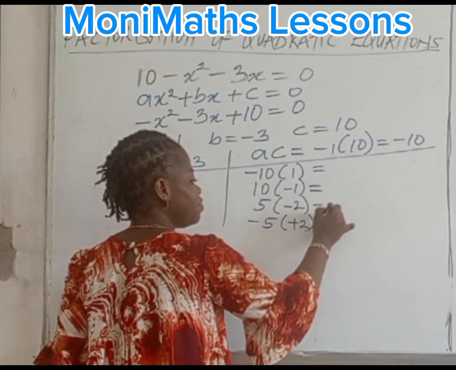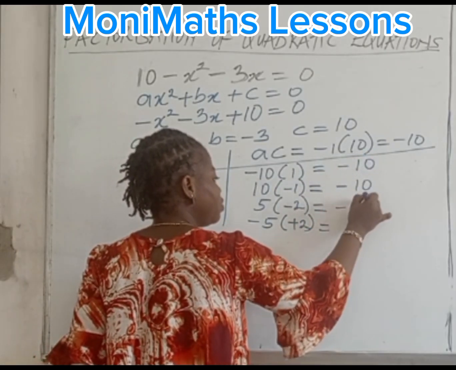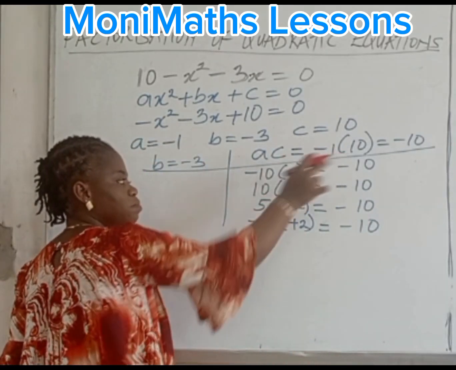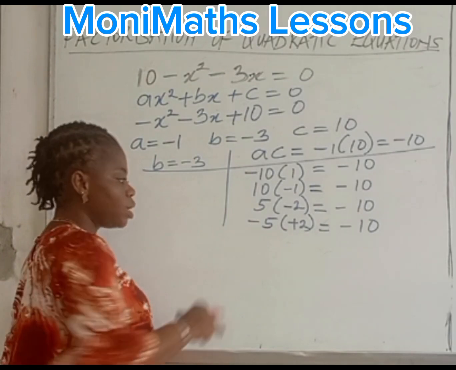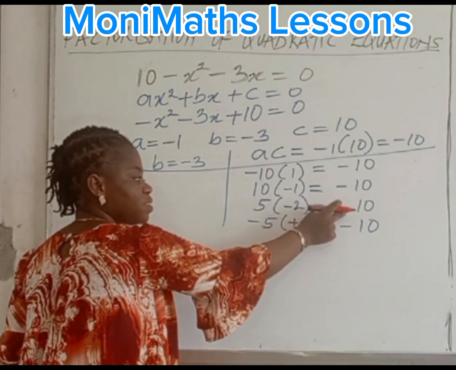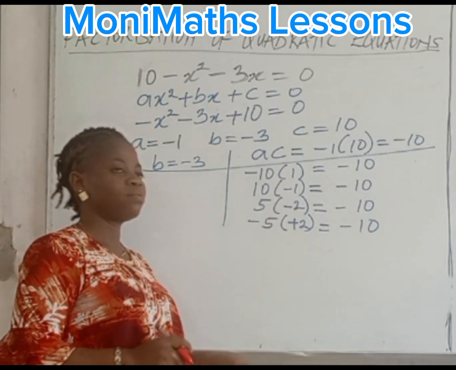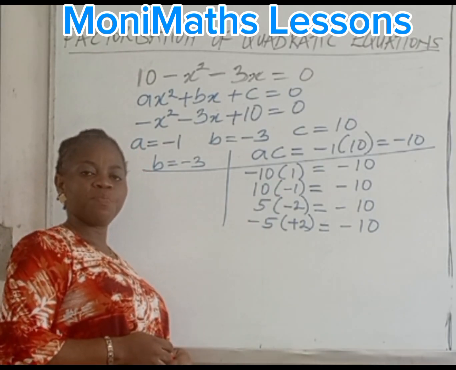All of these will give me a product of minus 10, because minus times plus is minus, 10 times 1 is 10, rather. Plus times minus is minus, 5 times 2 is 10.